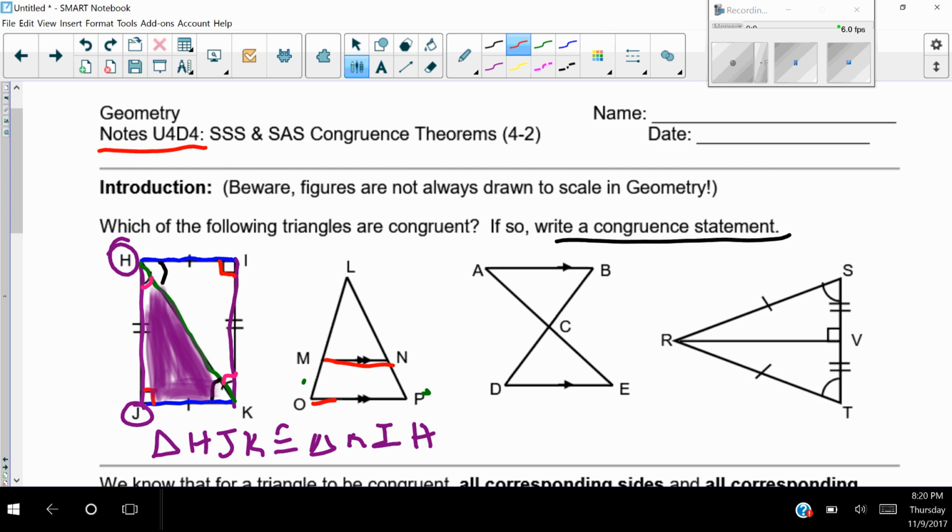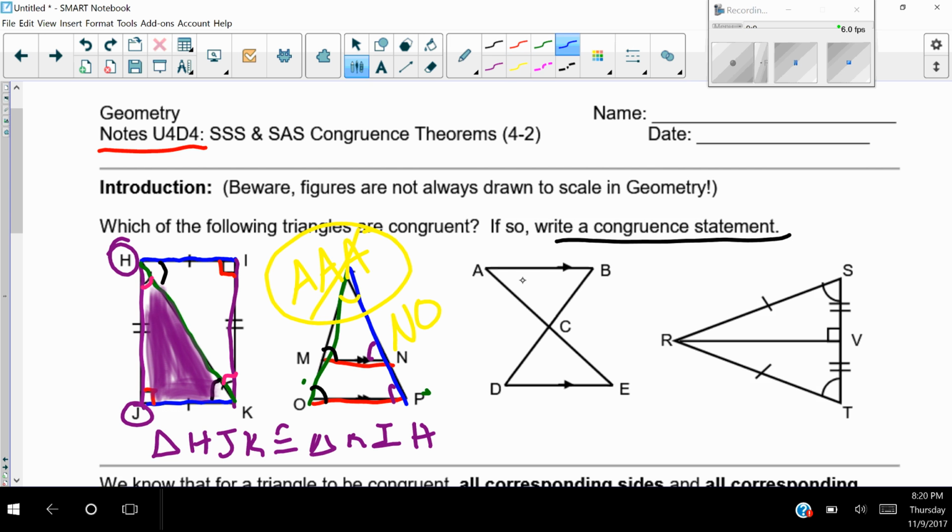They're telling us that these are parallel lines. And if you see this as your transversal, then we know that these two angles are equal. And if you had picked this as your transversal, then these two angles would be equal because they're corresponding angles. And we know that this angle is congruent to itself. They're both sharing it. So all the angles are equal, but angle, angle, angle is not a congruency statement. So that does not prove that my triangles are congruent.